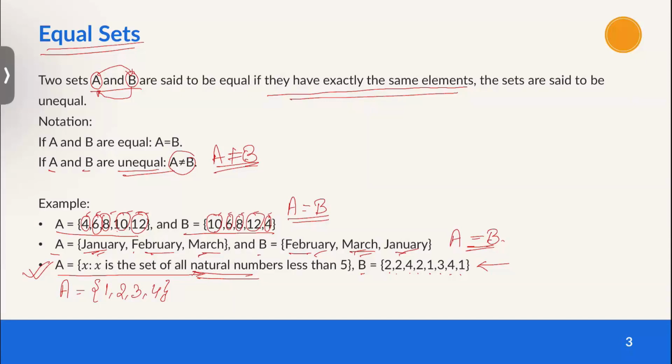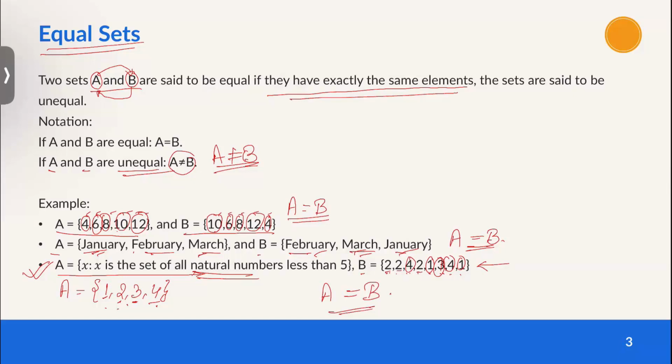The elements of A are 1, it is there in B, here and here. 2 is here in B, these three places. 3 is there in B here and 4 is there in B. Similarly, all these elements of B, 2 is there in A, 4 is there in A, 1 is there in A, and 3 is there in A. So A and B are equal sets.